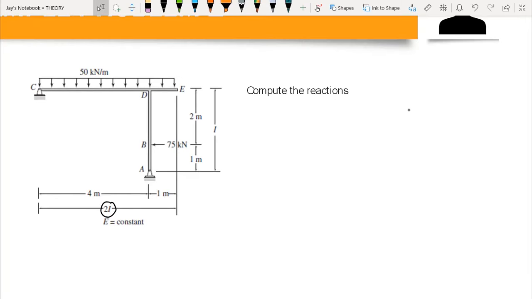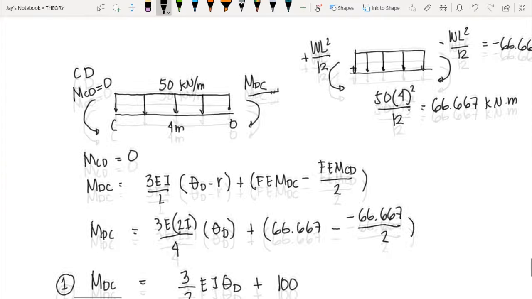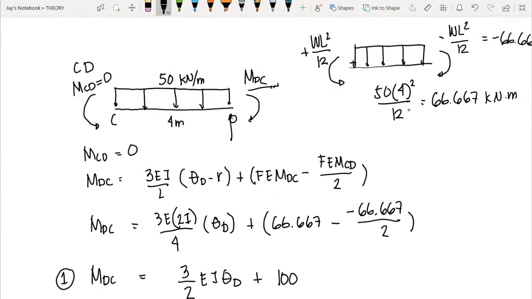And now for MDE, we have this free body diagram. This is an overhang, so we can just apply the equilibrium equation here, in which this is our moment, let's say our MDE. The length is 1 meter, and we have 50 kilonewton per meter. Okay, so we have these reactions, RDR, the same as with this free body diagram, we have here RDL and here the RC.